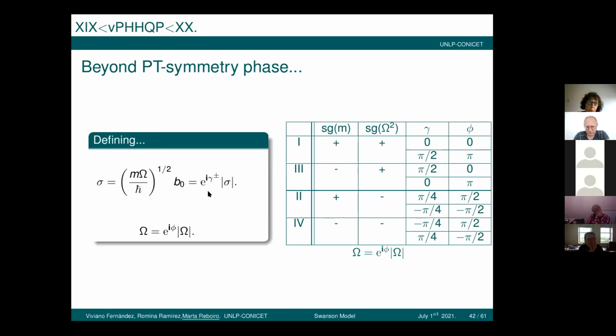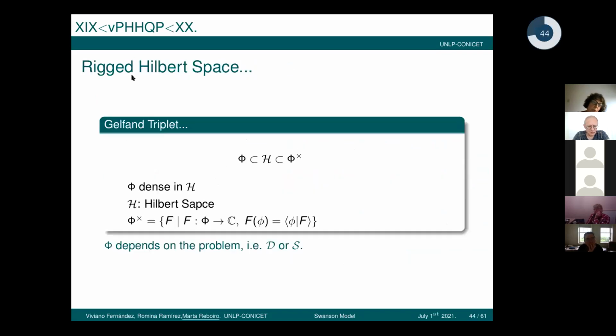So we decided to work in the framework of the rigged Hilbert space. I am sure most of the audience are familiar with and have worked with rigged Hilbert spaces, but let us give a brief resume.